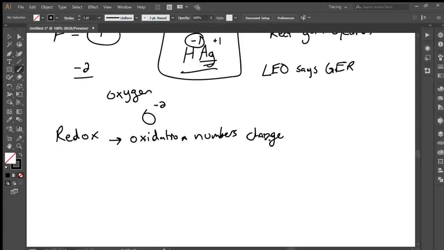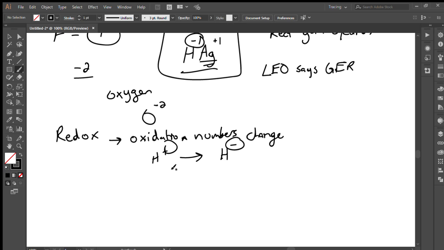So when an atom's oxidation number changes, say we had our hydrogen, it originally was plus on one side, and on the other side it's a minus. Its oxidation number has changed from +1 to -1, so it has gone through a redox reaction. Whenever something's reduced, something will always be oxidized, and the entire reaction will be balanced. There will not be a net gain or loss of charge. So both sides of the reaction will have the same charge.